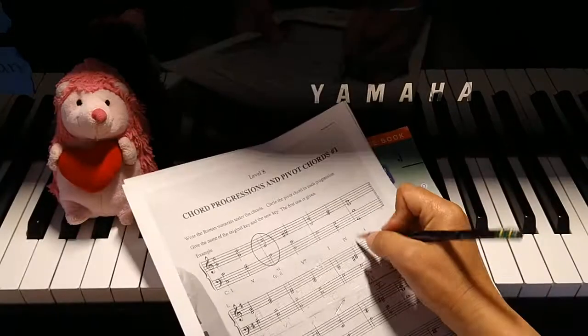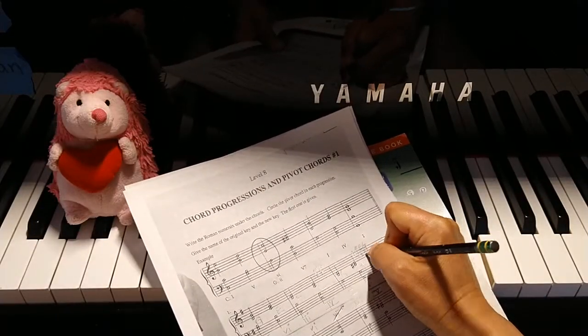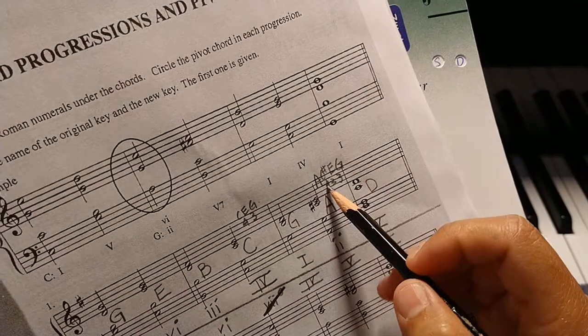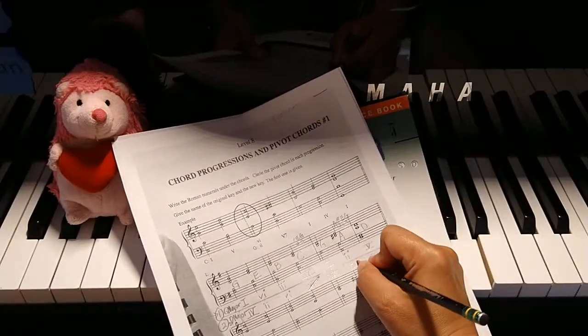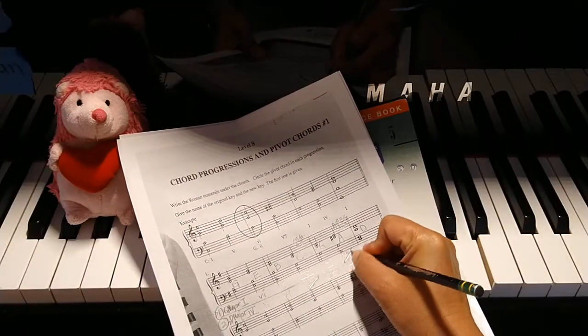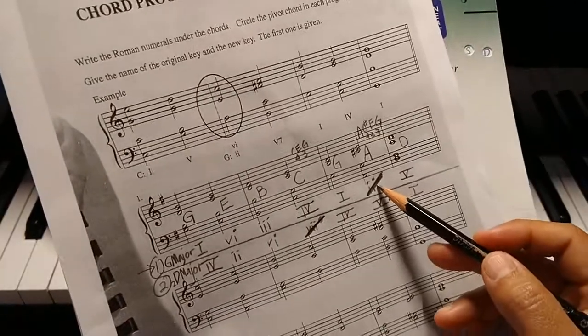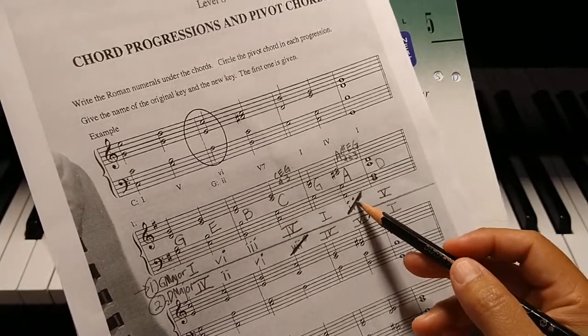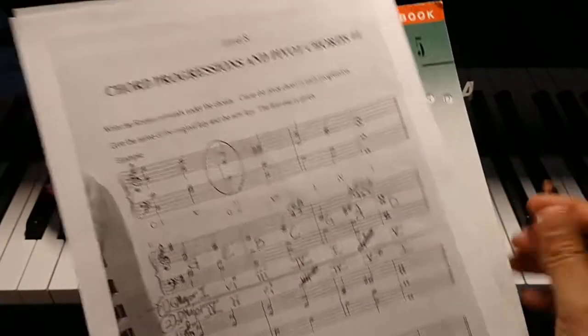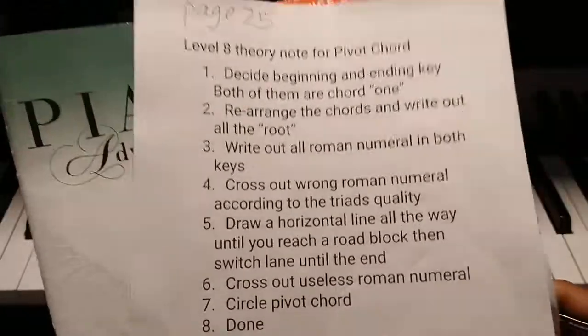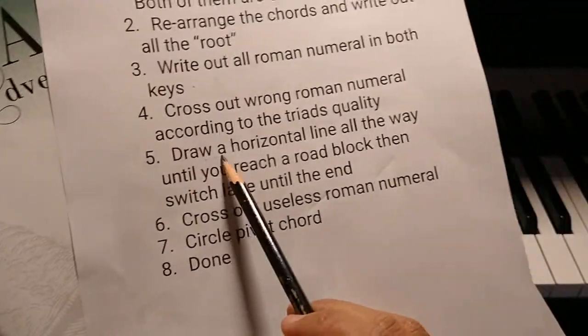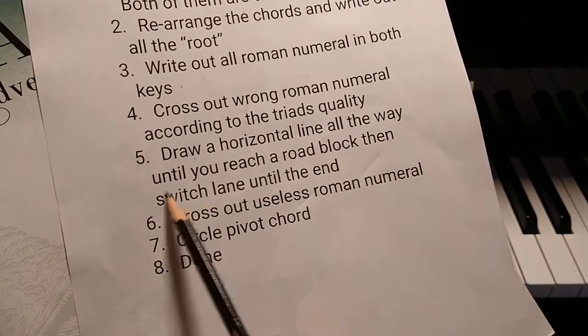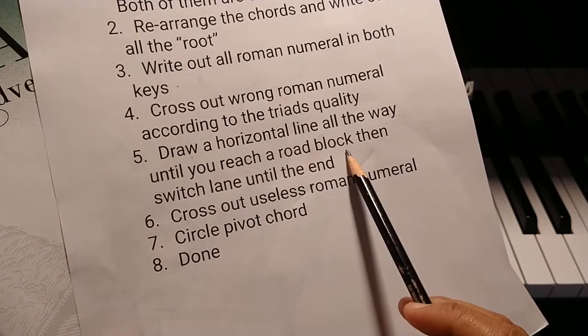So the answer is 4, 3, 3. We know that if the quality is 4, 3, 3, then it is a dominant 7. That means this minor is wrong. This one says it's minor, so it's wrong, and this one is correct. Okay, all done.